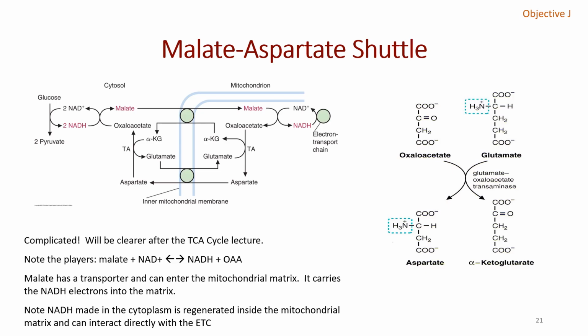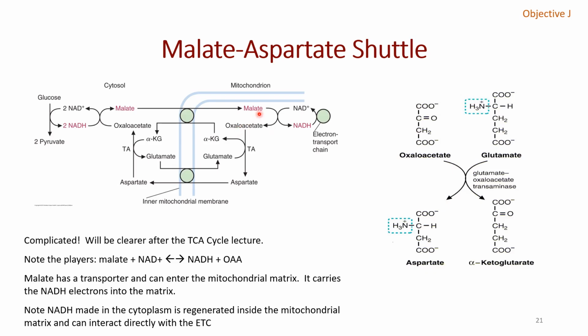But part of the TCA cycle is to take malate and convert it to oxaloacetate. This is a TCA cycle reaction. And one of the things that this TCA cycle reaction does is it generates NADH. And that NADH is going to go to the electron transport chain. This is all inside the mitochondrial matrix. That's how the TCA cycle works, and that's how you feed electrons to the electron transport chain.